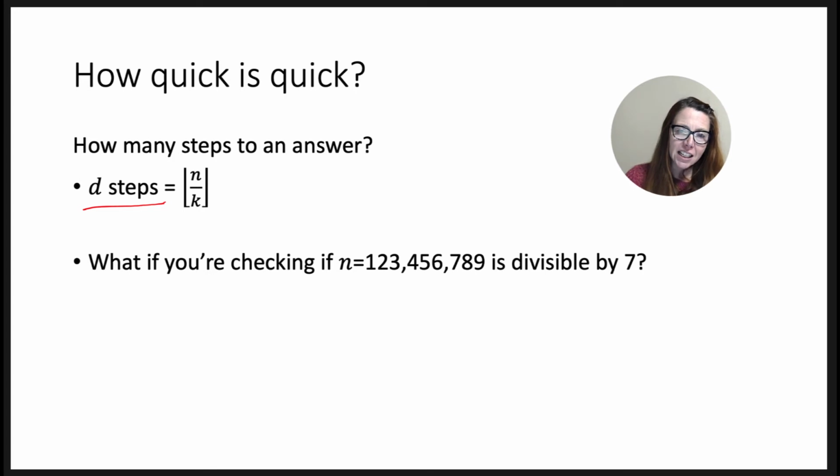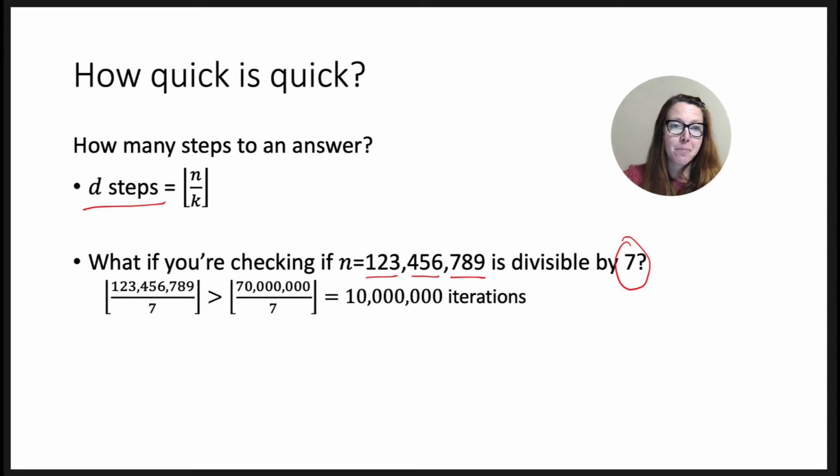What if you're checking if you have the number 123,456,789 and you're checking to see if that is divisible by 7? Well, that is going to take the floor of 123,456,789 divided by 7.